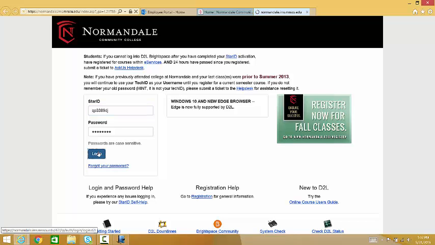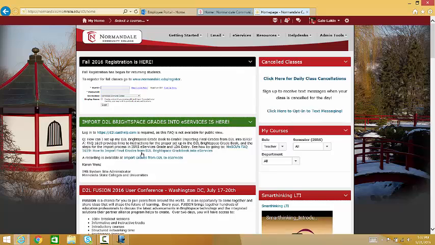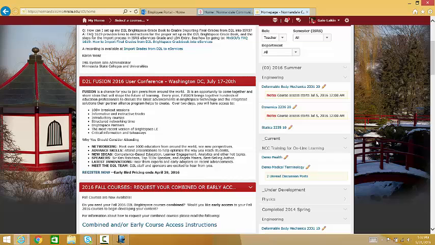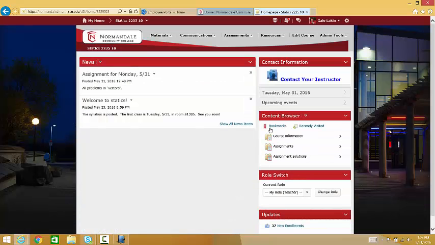So if you log in, you get something like this, with a list of your classes on the right side, and this is statics. When you get into statics on D2L, it's going to give you a list of all the little announcements that I've made. It's just going to be sequential.